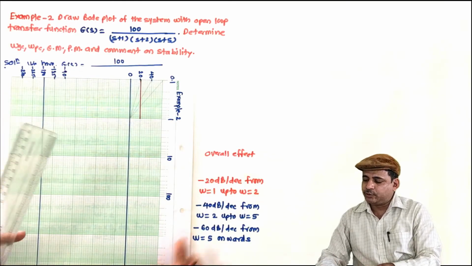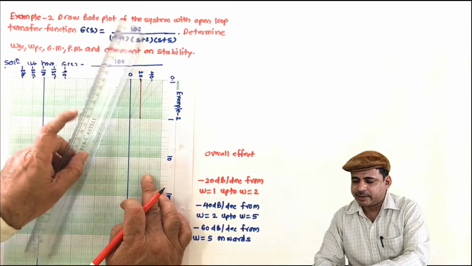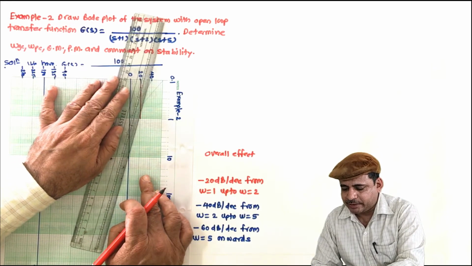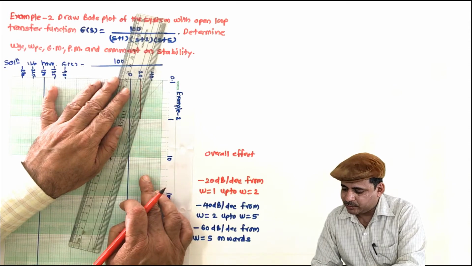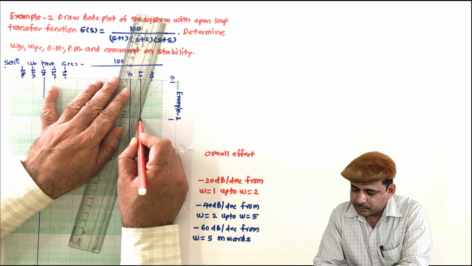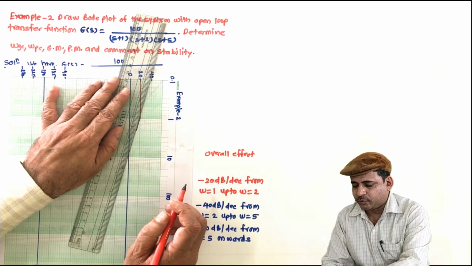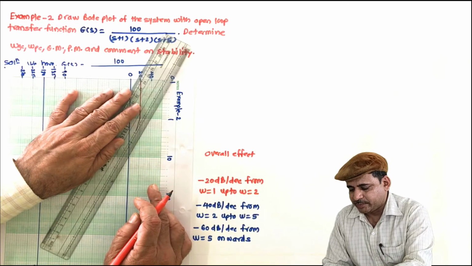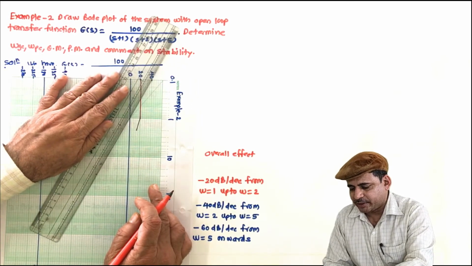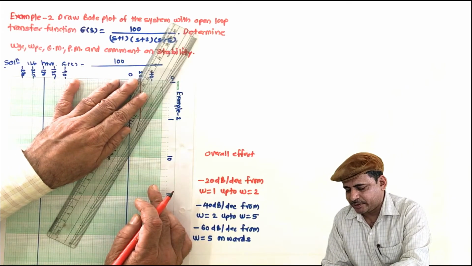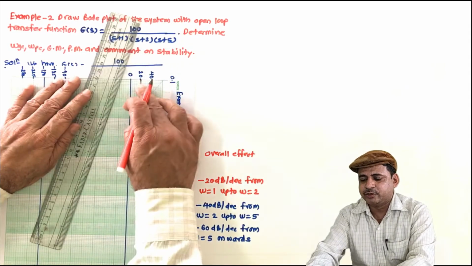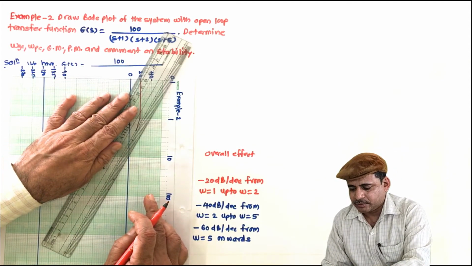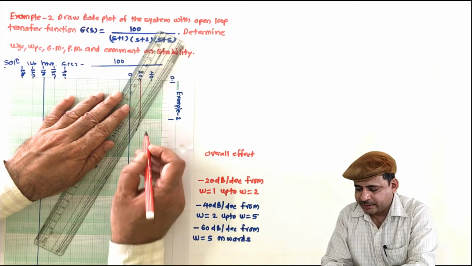From omega equal to 1 to 2, the slope is minus 20 dB per decade, so draw a line parallel to the slope of minus 20 dB per decade from 1 to 2. From 2 to 5, it is minus 40 dB per decade. Because this is a minus 40 dB per decade line, the same line can be taken from here. Once you become habitual, there is no need to draw these projections.